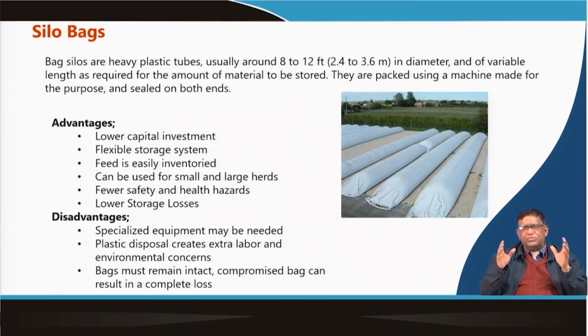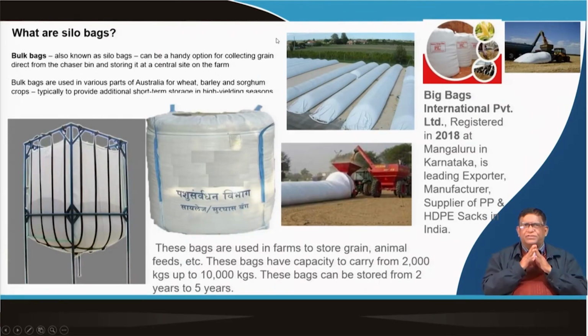If you are having a big cattle farm and the cow feeds you are bringing in, and you need to store it, you can store it like that. So, depending on where you apply, you will make this type of arrangements. The silo bags come in many different ways.